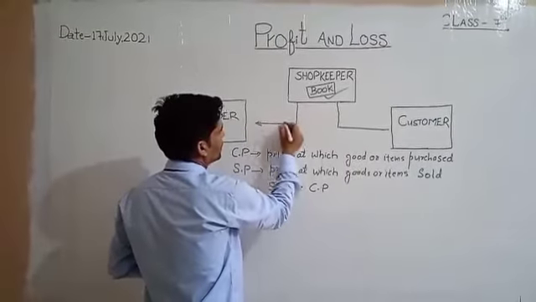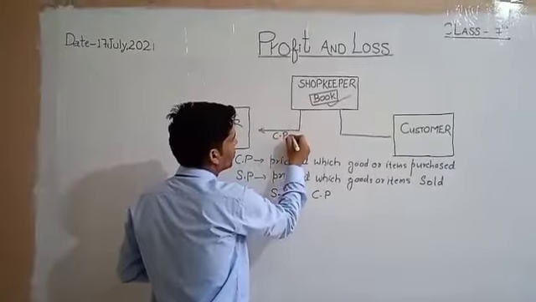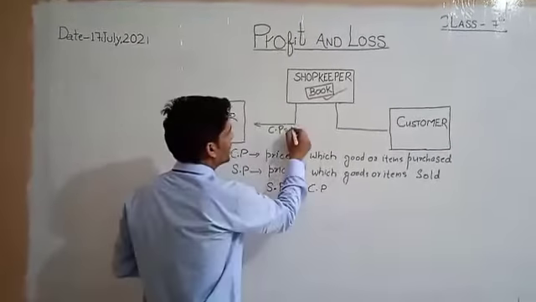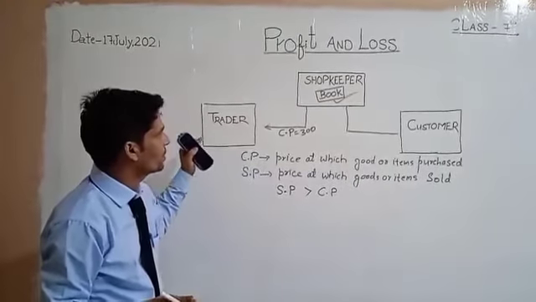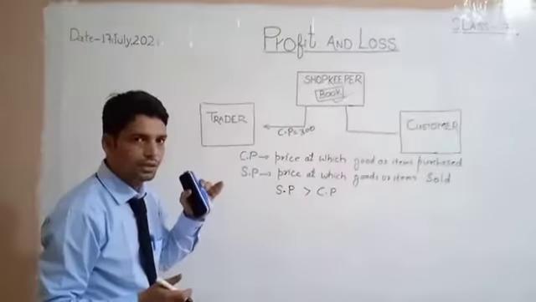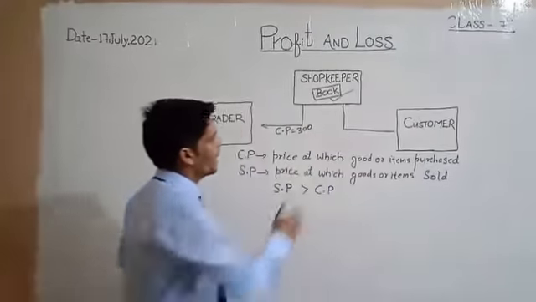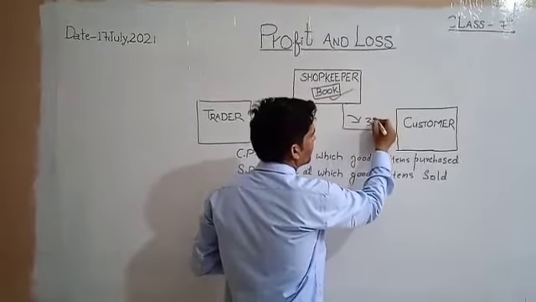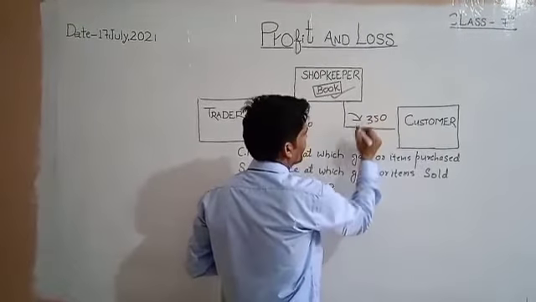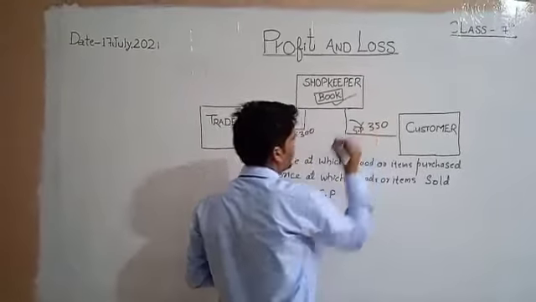It is the cost price. If you consider the cost of one book is 300, purchased by the shopkeeper from the trader, it is the shopkeeper's cost price. And he sells it to the customer at 350. It is the selling price.